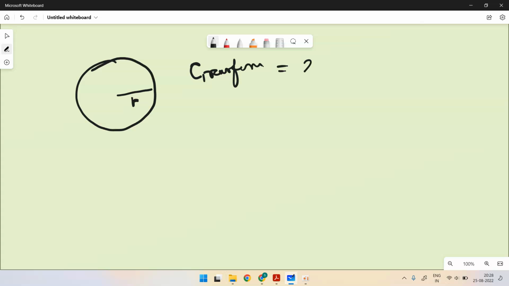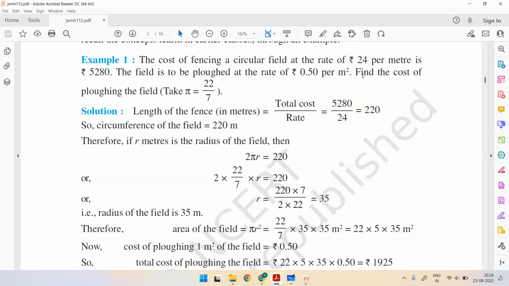For any circular field of radius r, the length of the circumference is given by 2 pi r. This 2 pi r value is not given, but at the rate of 24 per meter, the total cost is 5280.